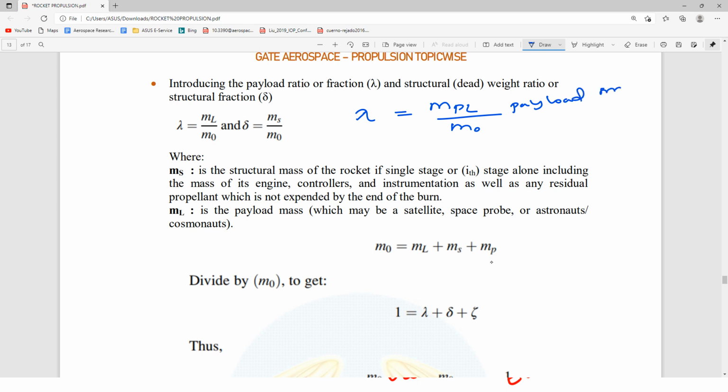Payload mass by the initial mass, right? Initial mass is also known as the total mass sometimes.